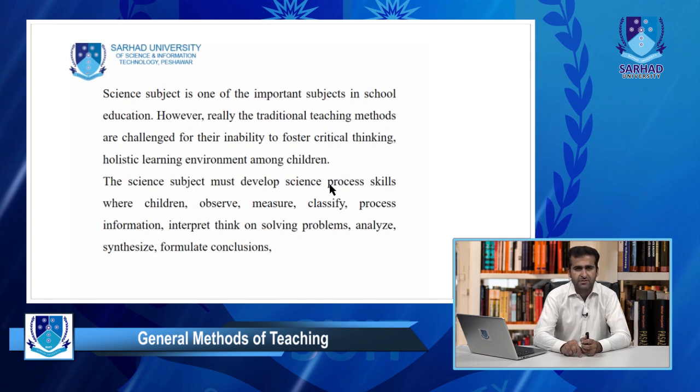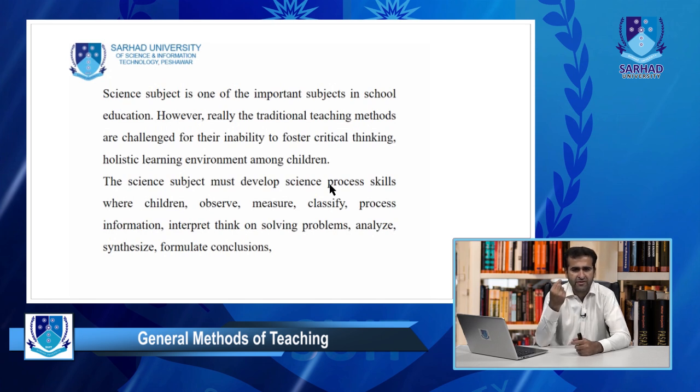These science subjects are scientific in nature, of course; they are experimental in nature. The student needs to conduct different research upon it. The student needs to conduct lab work, experiments.